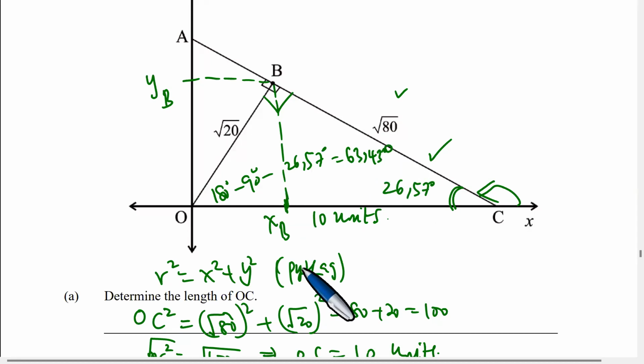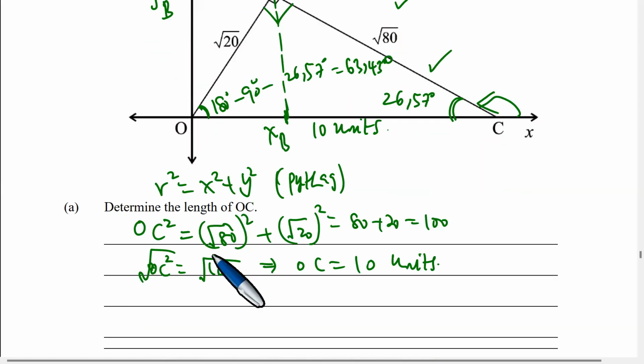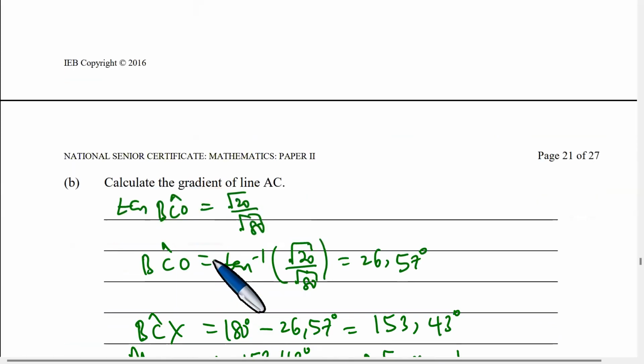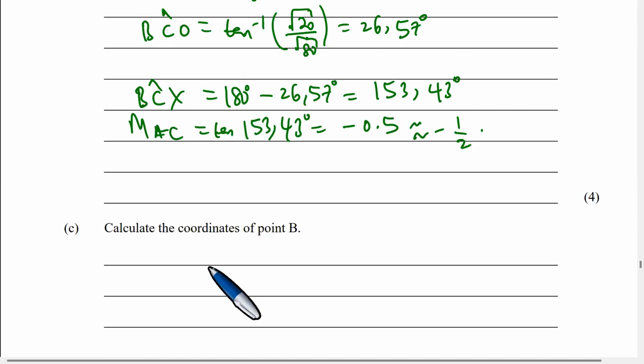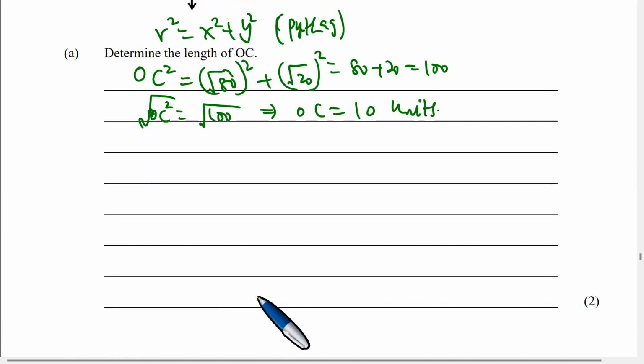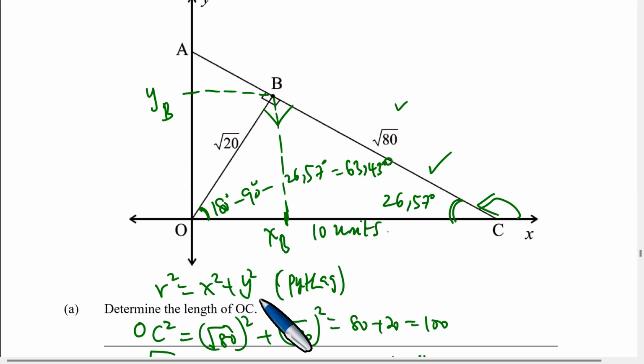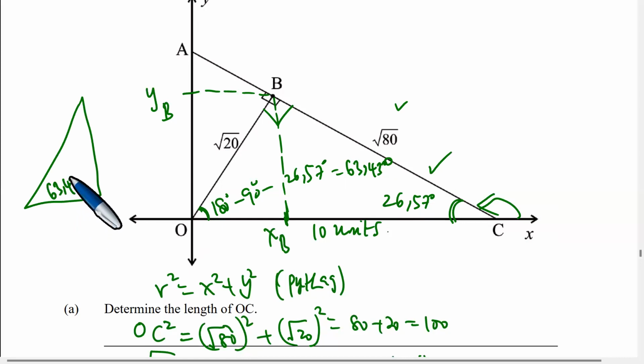Okay, so which means the coordinates of B, right? If you have this triangle now, you have 63,43 degrees.